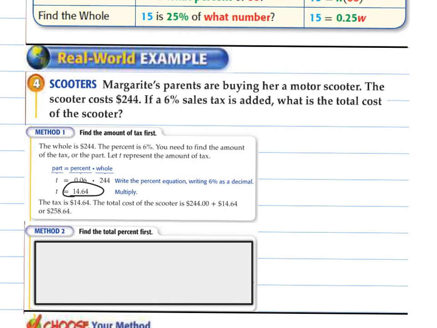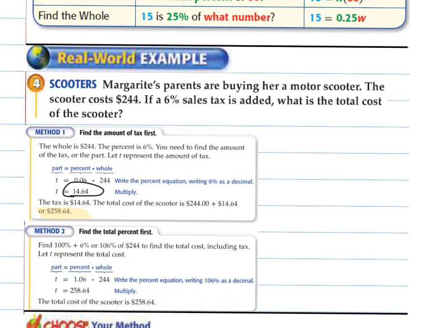So if the tax is $14.64, we have to add that to the whole of the scooter to find the total cost. So we have 244, which is how much the scooter cost, plus $14.64, which is the tax. So the cost of that scooter in total is $258.64.